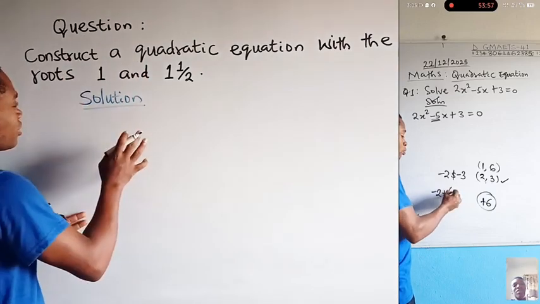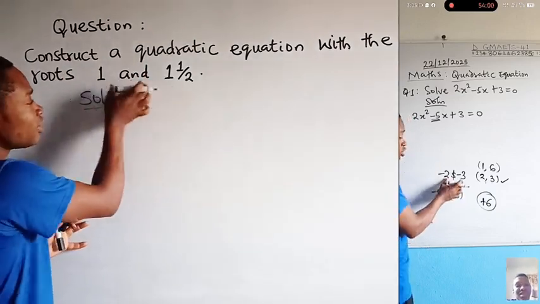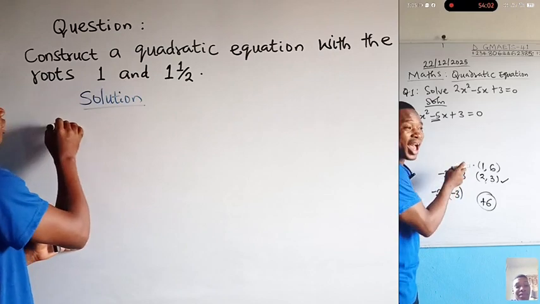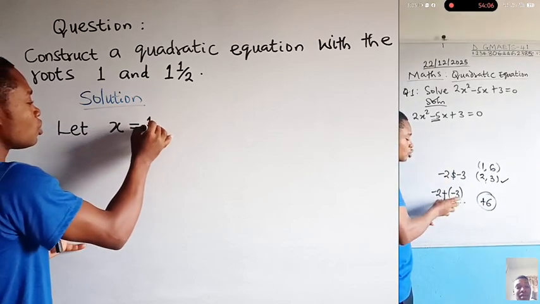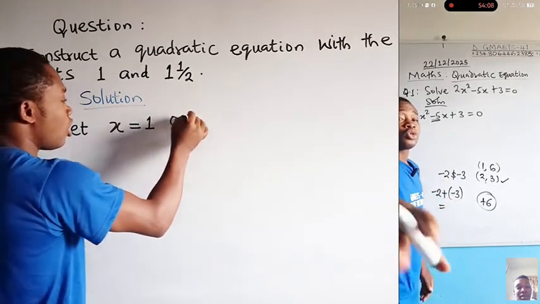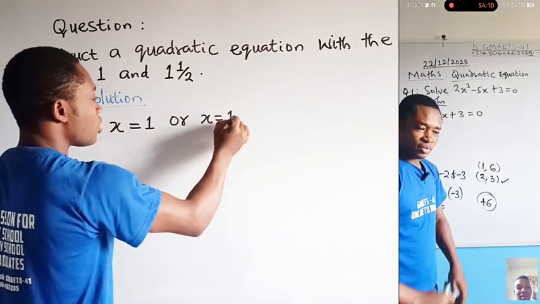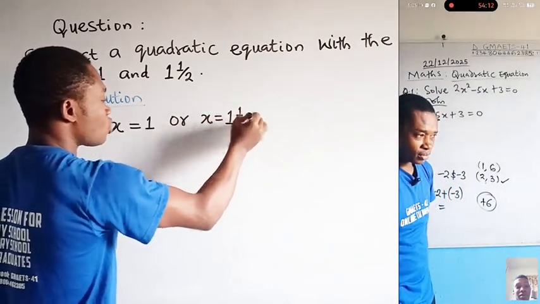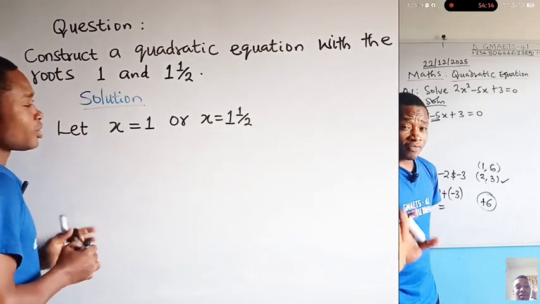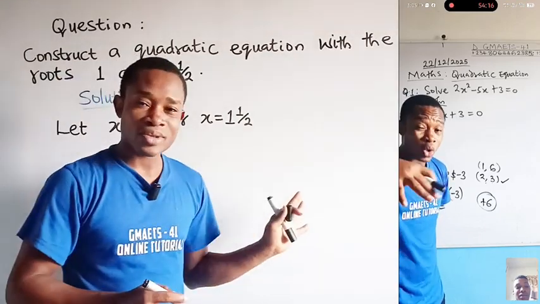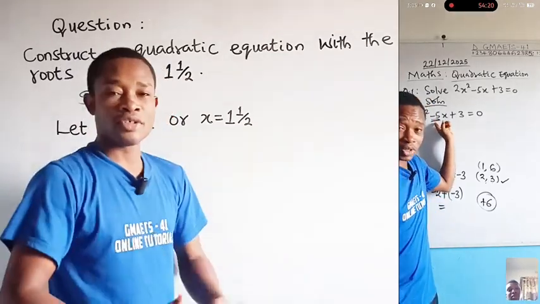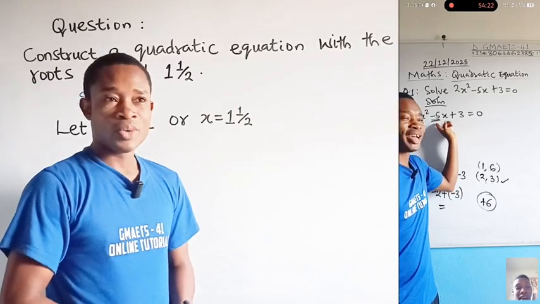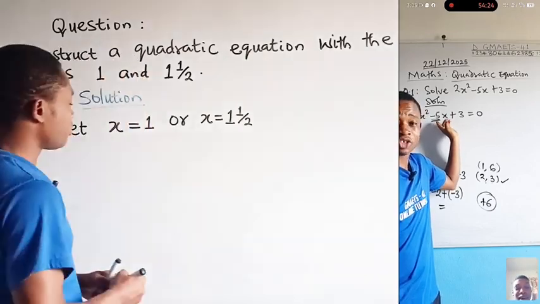To solve this is very simple. These are the roots of the quadratic equation. So we are going to say let x be equal to 1 or x equal to one whole number 1/2. With these roots of the quadratic equation, with these answers of the unknown, we are going to generate that quadratic equation back.